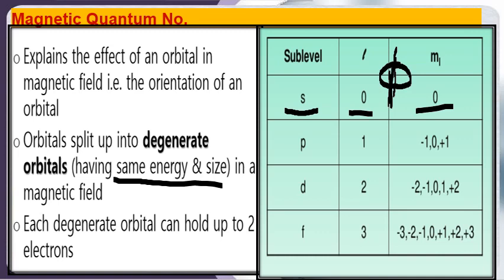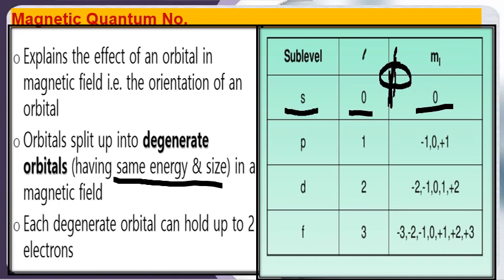Now the next one is P, for which the value of L is 1. There are three possibilities: under a magnetic field it splits into three lines, one which goes towards 0, one which goes upwards, and the other which goes downwards along the axis. So there can be values 0, -1 and +1.